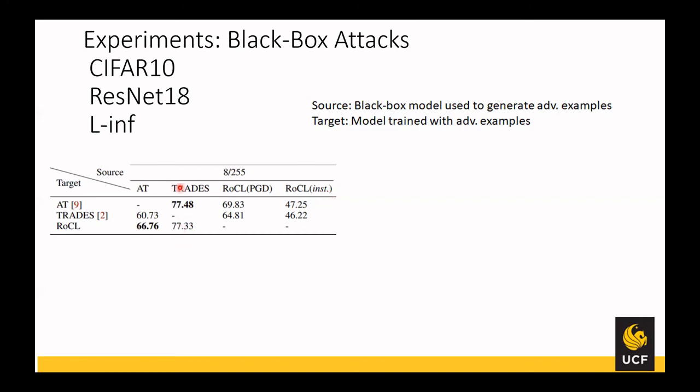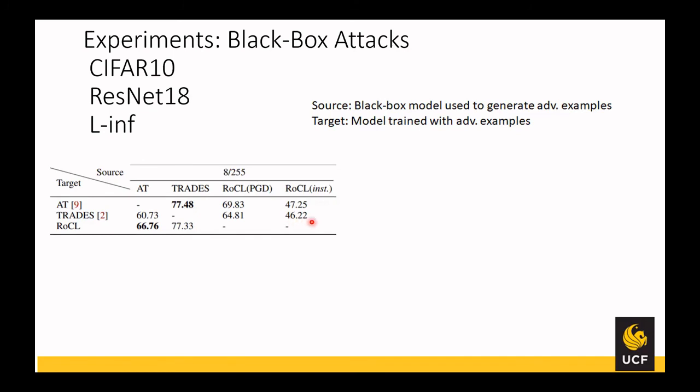So what we see here, we have an epsilon of 8/255. But what we see here is ROCL does a better job than TRADES against this AT black box attack. And AT did better on the TRADES attack in this instance, but ROCL wasn't far behind.